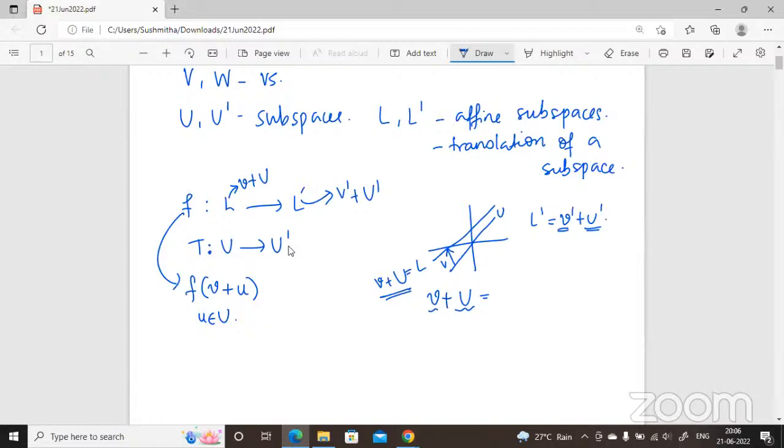We are adding this vector V to each and every point in U. So V plus u such that u is in U. This is the set. So any element in L is going to look like this. Small u is for elements, vectors, and capital U is for subspace.